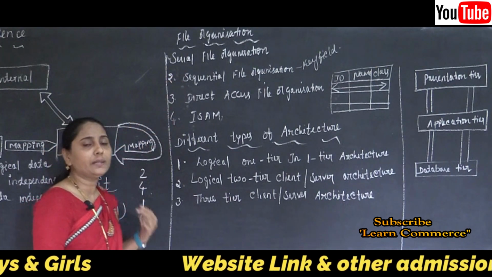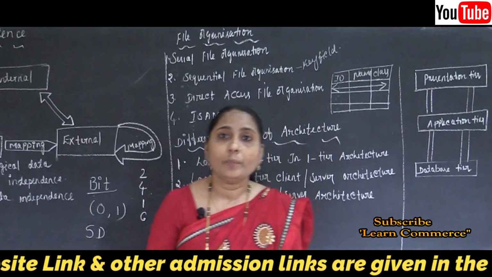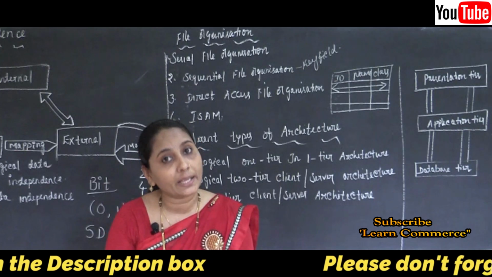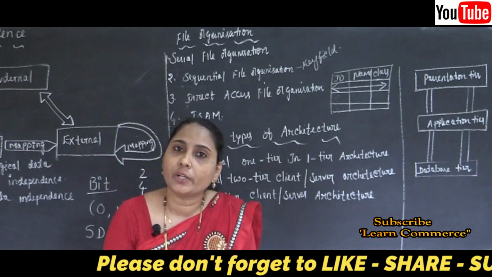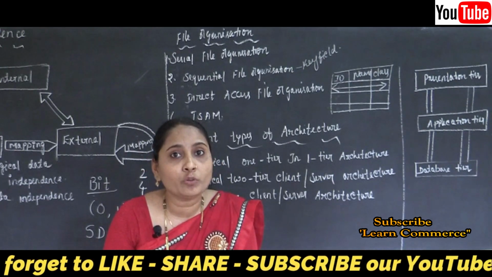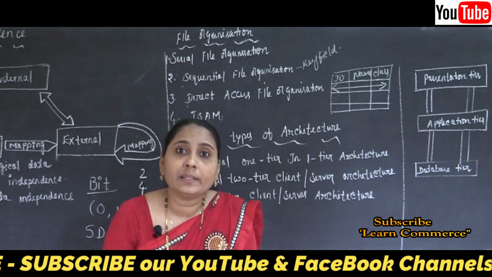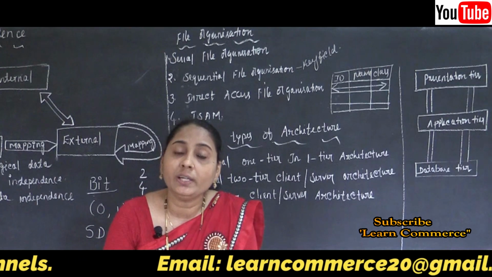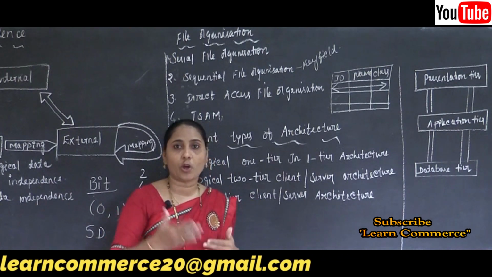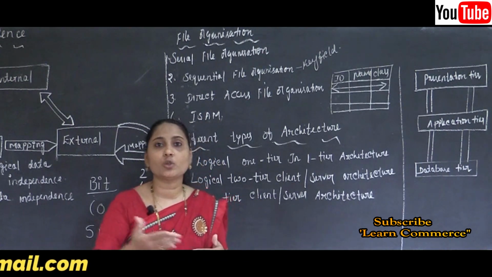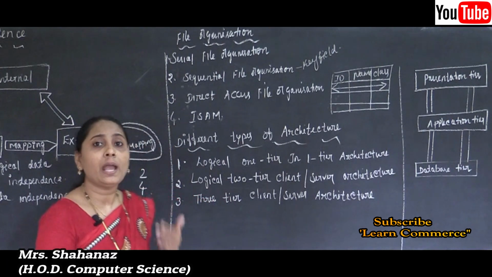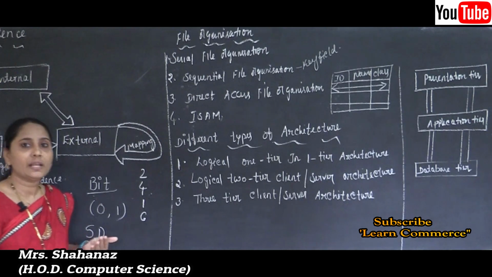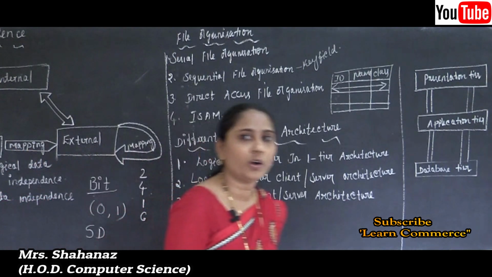The meaning of serial file organization is that we arrange the records but not in a particular order. How the records come, or how the transactions take place, it depends on the transaction. It arranges the records one after another, and we have already completed some advantages as well as the disadvantages of serial file organization.